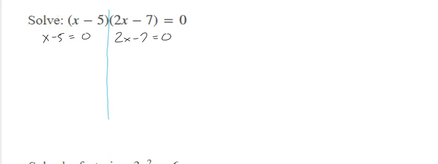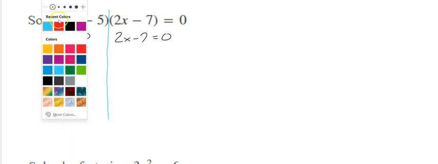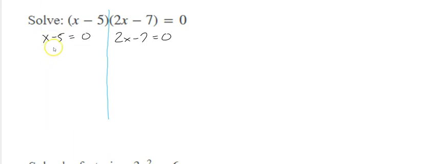Once I do that, we're just going to solve each side like normal. Add a 5 to both sides, and we get x equals 5 on one side. On the other side, it's a little more in depth, but you're going to add a 7. What I do to one side, I do to the other. That gives us 2x equals 7.